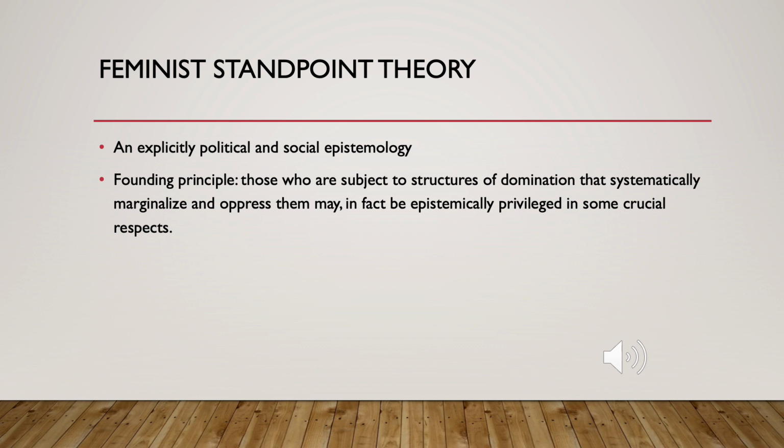They may know different things or know some things better than those who are comparatively privileged, socially, politically, by virtue of what they typically experience and how they understand their experience. Feminist standpoint theorists argue that gender is one dimension of social differentiation that may make such a difference epistemically.